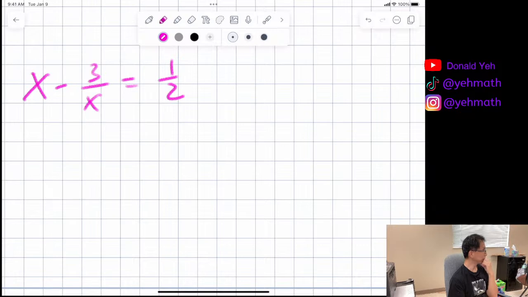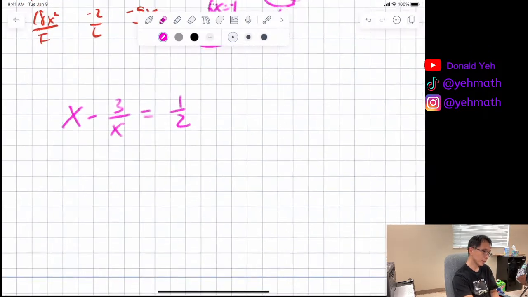Astrid, you got it? Maybe. What did you get for the answer? X is equal to 1/2. No. Robert? I got 2 and negative 3 over 2. Okay, so yes.